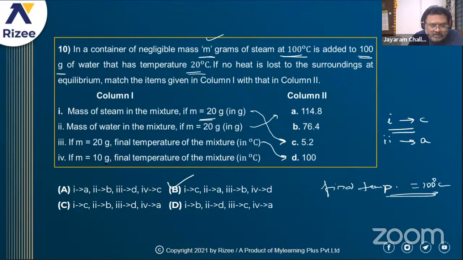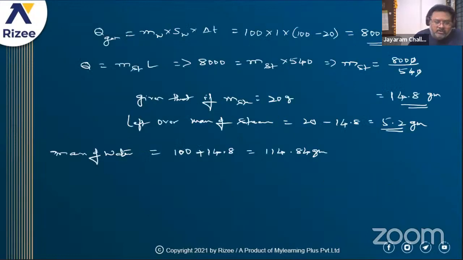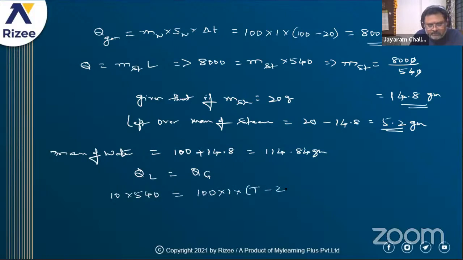Next one: suppose the mass is 10 grams, then he is asking what the final temperature is going to be. To calculate that, we go for heat lost is equal to heat gain. Heat lost by 10 grams into 540, which is the latent heat, is equal to 100 grams of water, specific heat 1, into the rise in temperature. So 5400 is equal to 100 into (T minus 20).